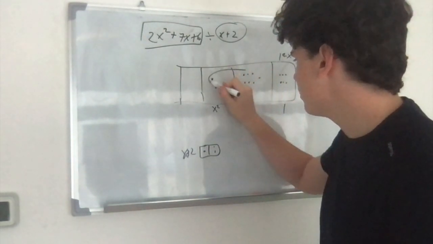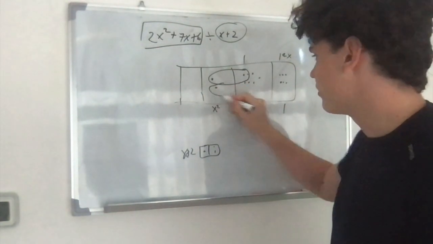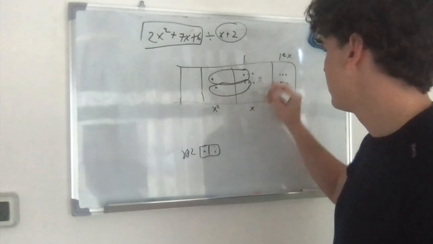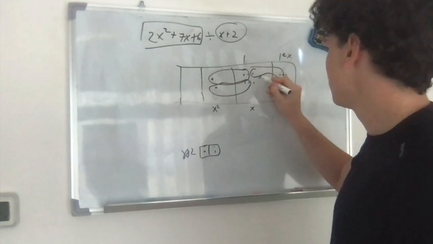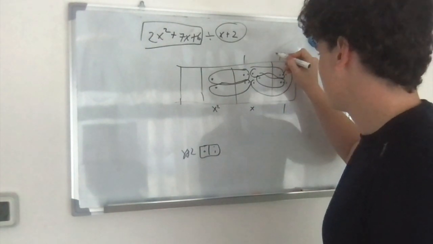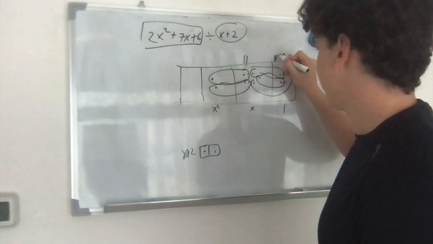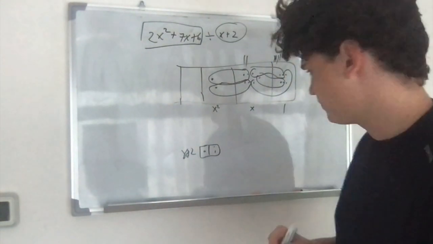We can see that's one right here, so we can add a tally mark there. We see another one right there, another one right here, another one here, and another one here. So that's 2 tallies there and 3 tallies there.